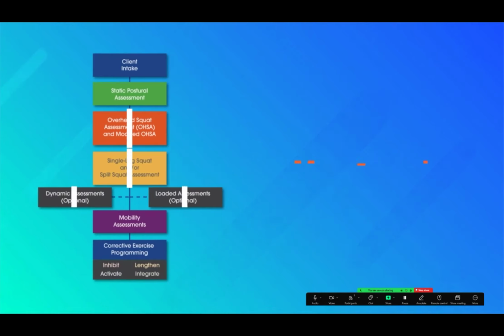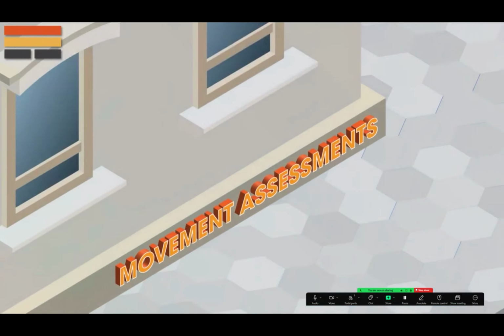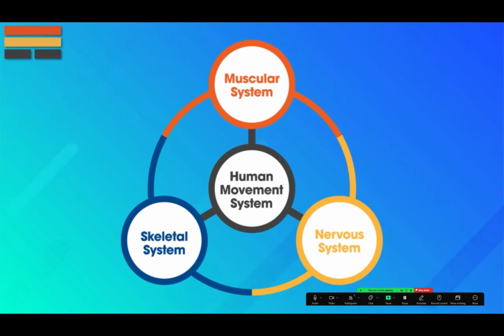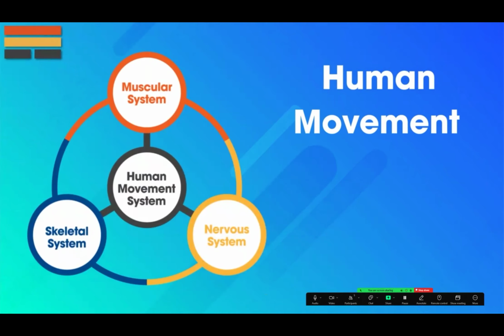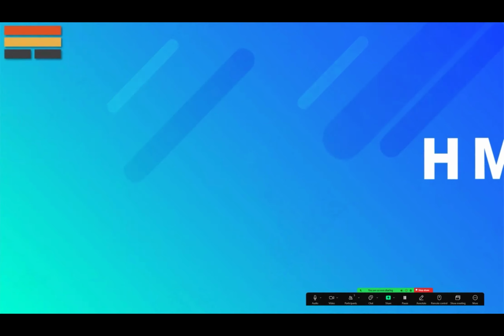Moving on to movement assessments. These are the cornerstone of a comprehensive assessment process. Optimal movement requires the integrated functioning of the entire human movement system, otherwise known as HMS.